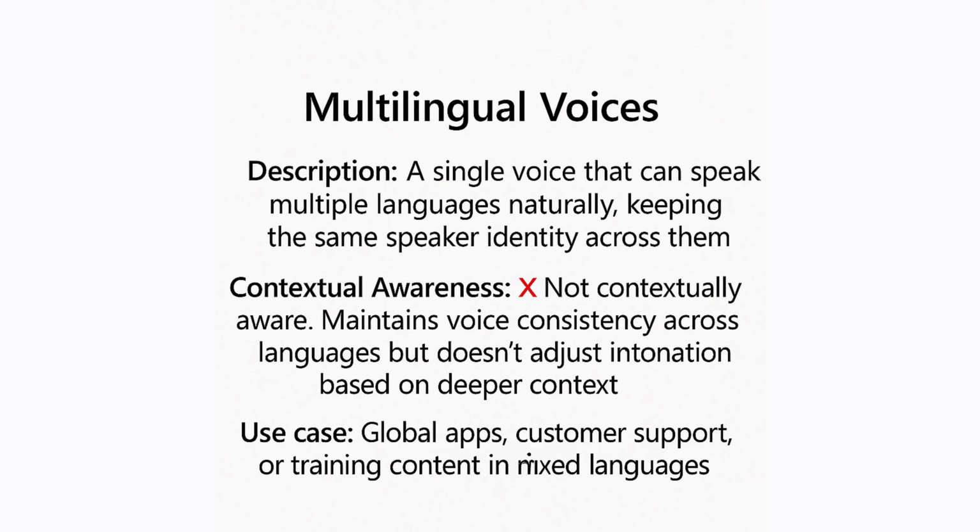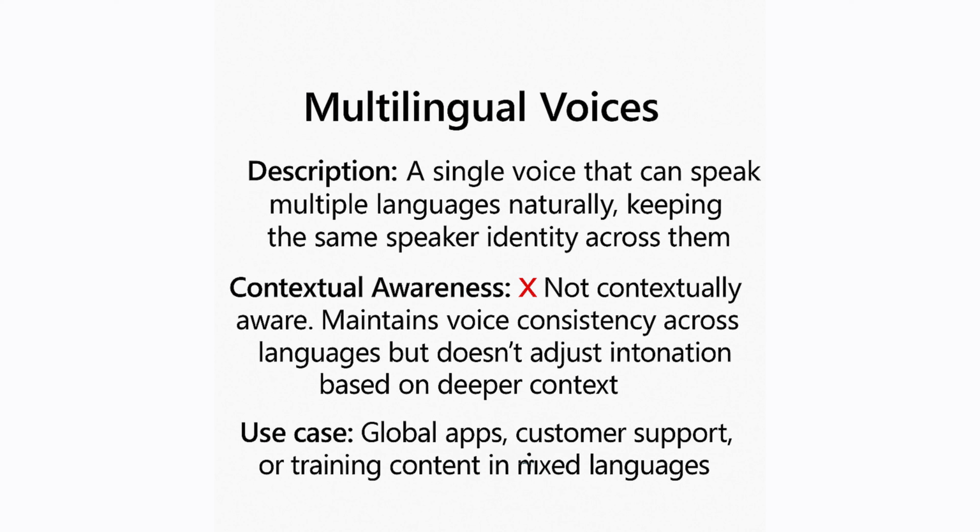And then the second type is multilingual voices. This is a single voice that can speak multiple languages naturally, keeping the same speaker identity across them. So what does that mean? Say we had the Deb multilingual voice. The Deb multilingual voice can speak English, Spanish, French, German, but keeping the same Deb personality.